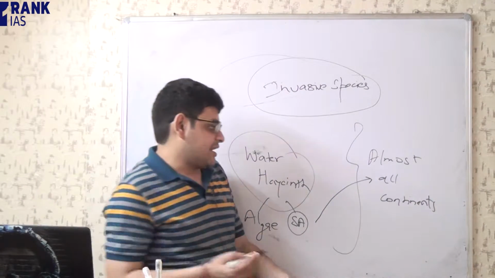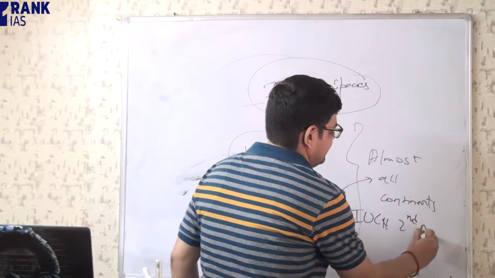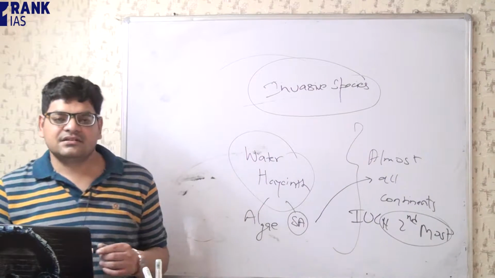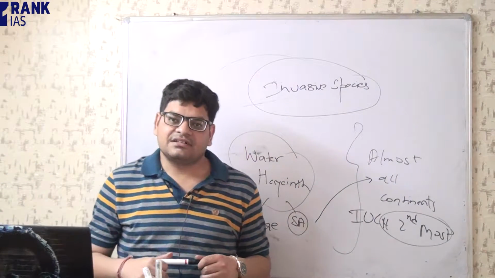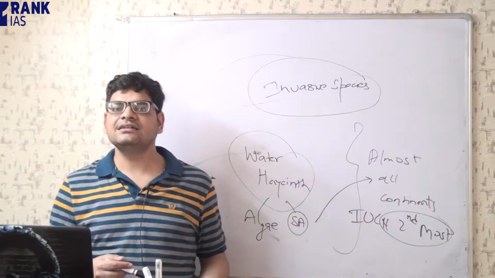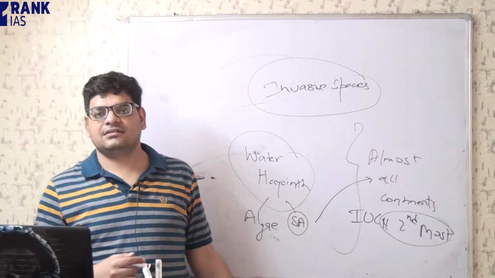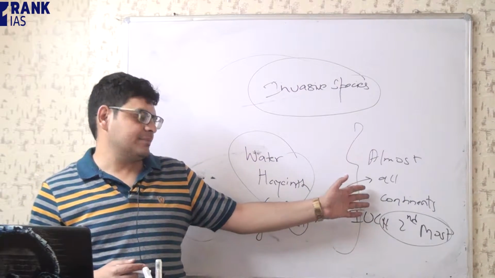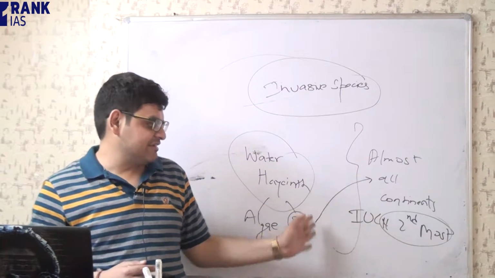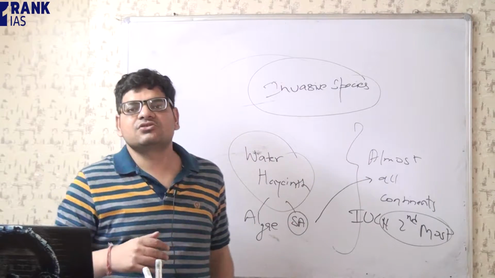And as IUCN says, the invasion of alien species is the second most important reason for the loss of biodiversity, because the existing species are at a disadvantage and have to compete for resources, and these invasive species are not the natural prey of any animal in this ecosystem.